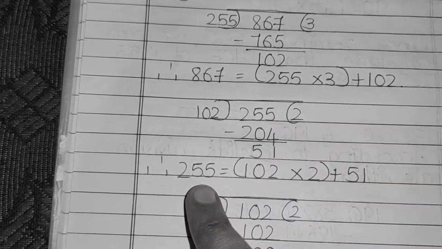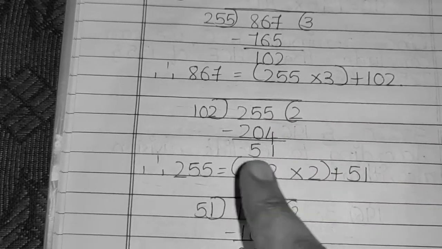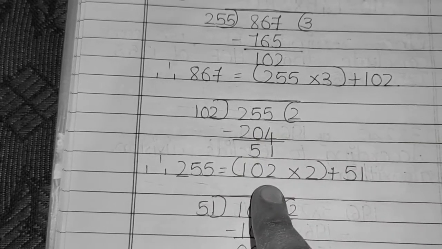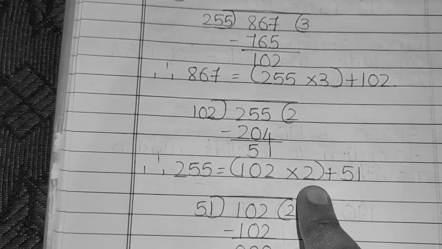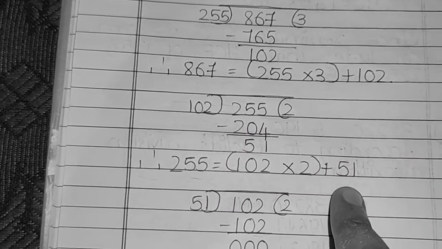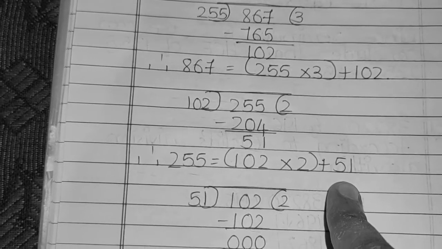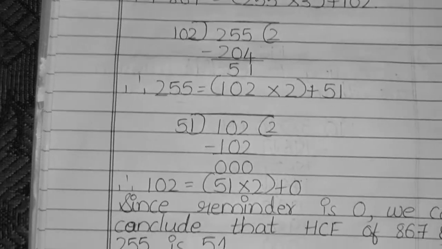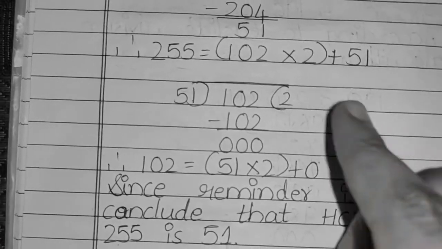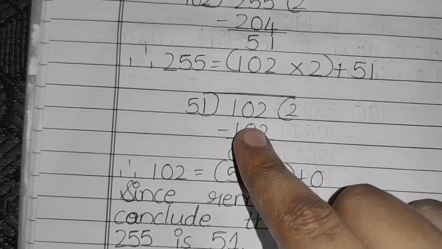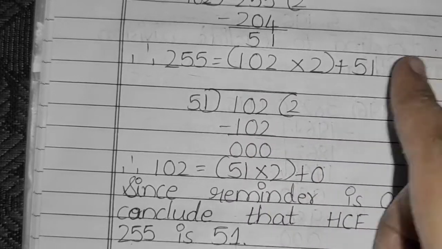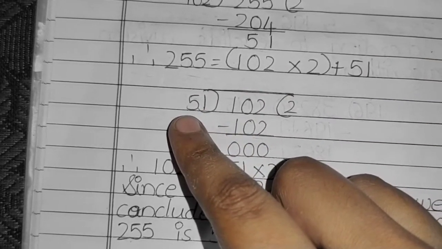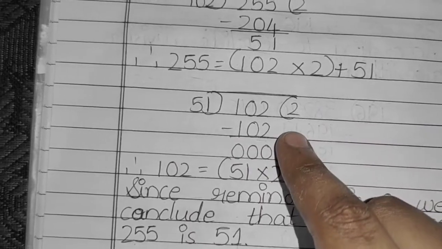Same, we will write it as A is equal to B into Q plus remainder, that is 51. Yet we did not get 0. We have to follow the steps until we get the value as 0. Again we will take 102 and divide it by 51. 51 2s are 102.